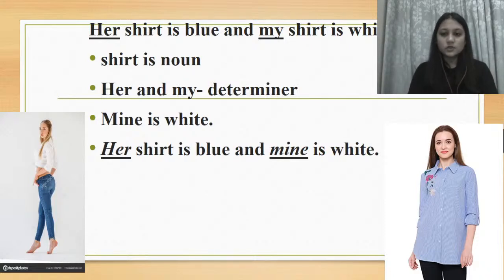How are we going to do it? It will be: her shirt is blue and mine is white. Clear? Very simple now, because we already have a verb there, so you don't need to attach one more. It says, her shirt is blue and mine is white.